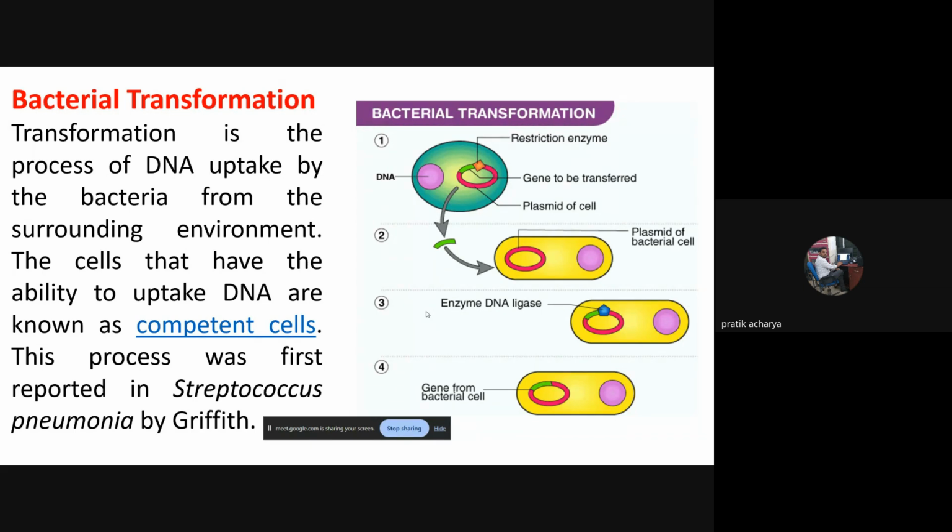That means that DNA was not previously present in that bacteria. It was acquired by the bacteria from the surrounding environment, meaning from the surrounding organisms which have that kind of genetic material. The basic steps are already mentioned in this picture. I'm going to explain according to the picture. Just look at these things.